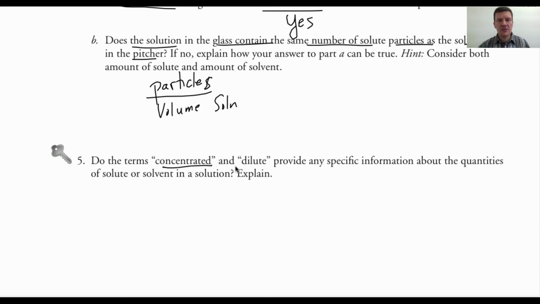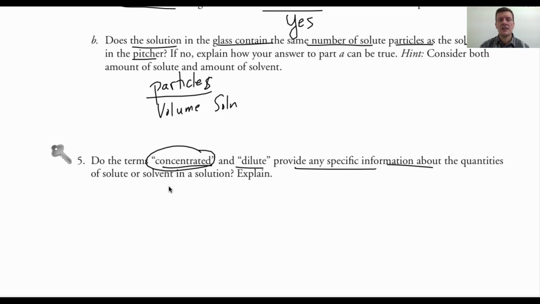Do the terms concentrated and dilute provide any specific information about the quantities? No, and that's my point here, it would be nice if we had a value that we could attach to them. If we just say concentrated, that's maybe somebody's opinion. They drink the lemonade and say, "Oh, this is really strong." Somebody else drinks it and says, "No, I love it like this. This is exactly how I like it. It's not strong at all.